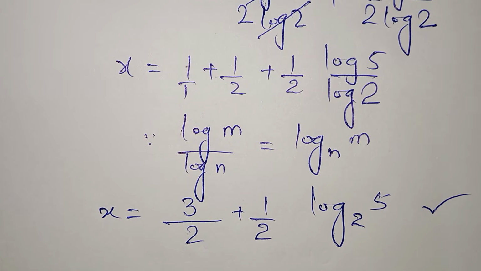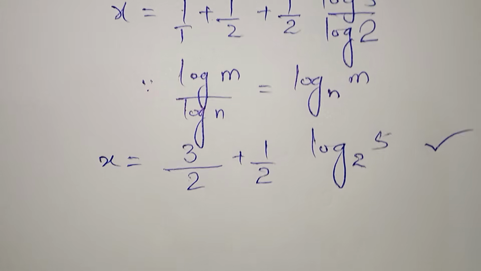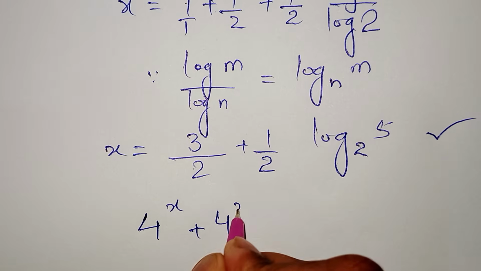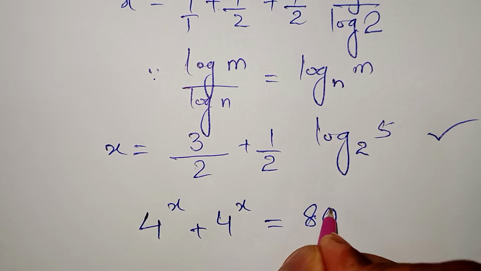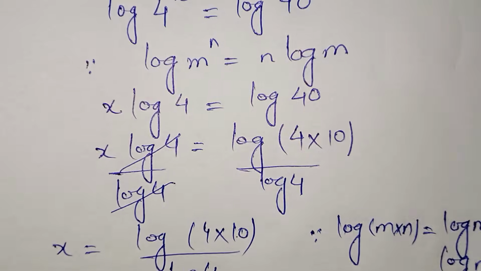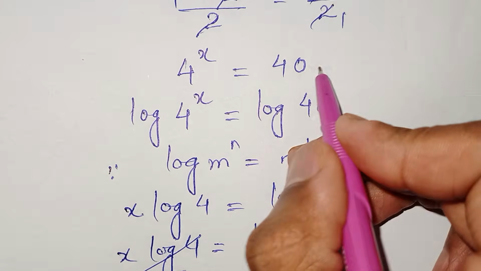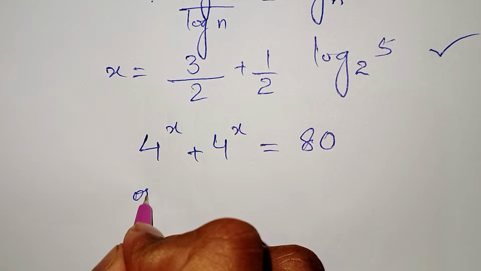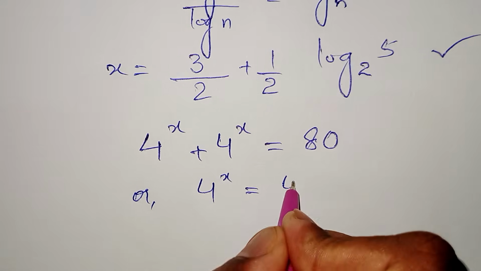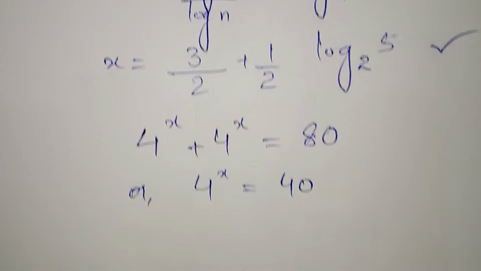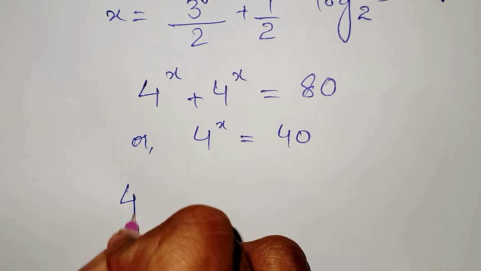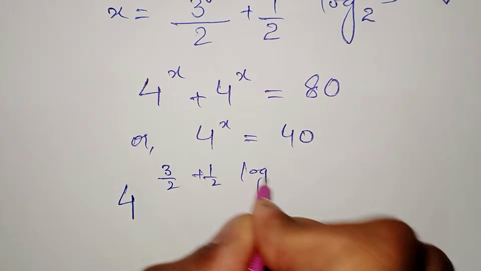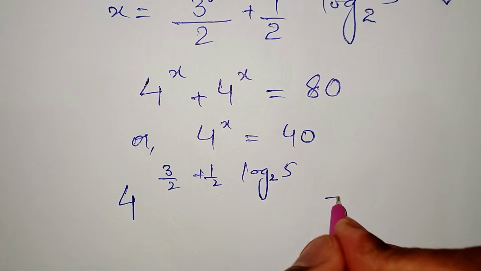But we have to check whether this value of x is correct or not. We have the given equation 4 power x plus 4 power x equals 80. But after the simplification we get 4 power x equals 40. Putting the value of x here, it will be 4 power (3 by 2 plus 1 by 2 log of 5 with the base 2) equals 40.